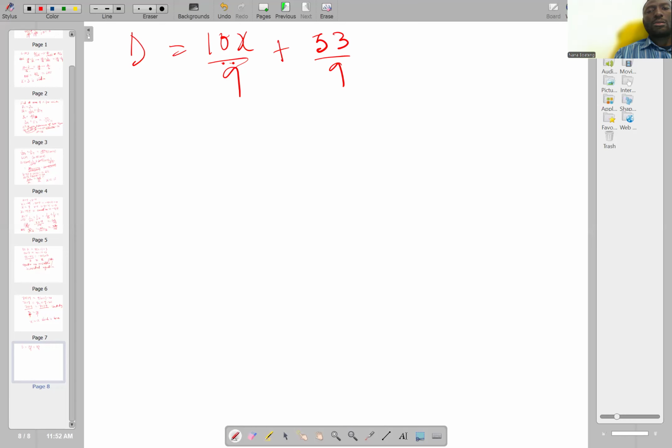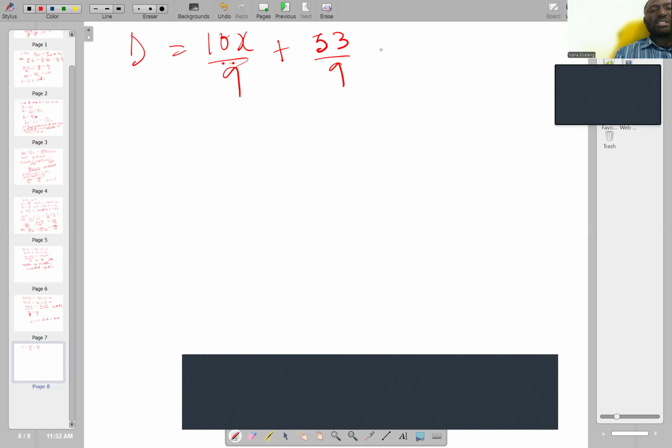We are told that D is equal to 10. So we have this rational equation here: 10 is equal to 10x divided by 9 plus 53 divided by 9. All right, so as usual, we have to multiply through by the LCM.